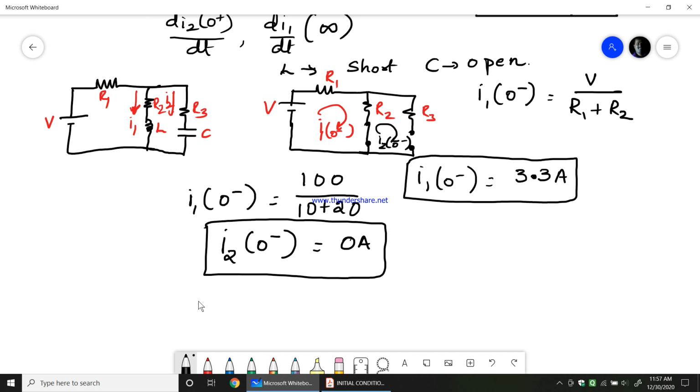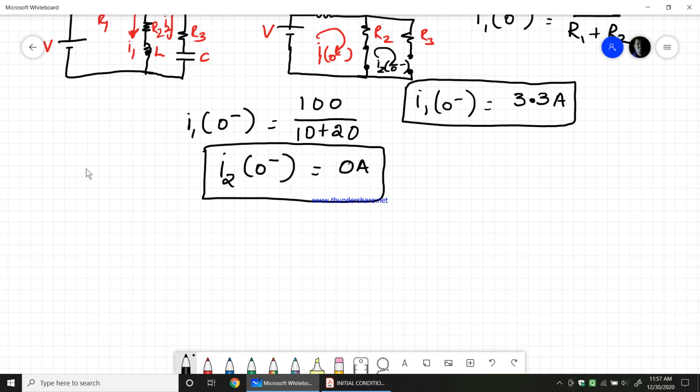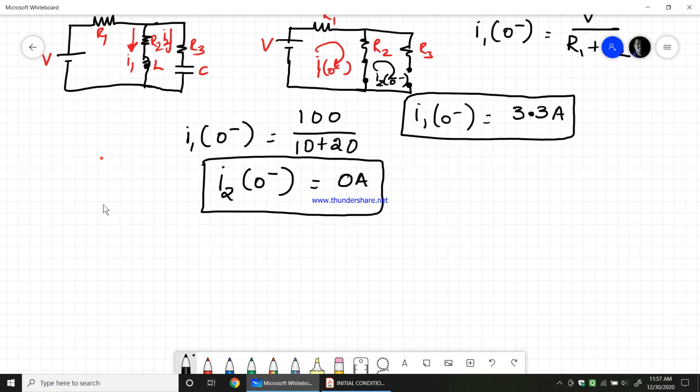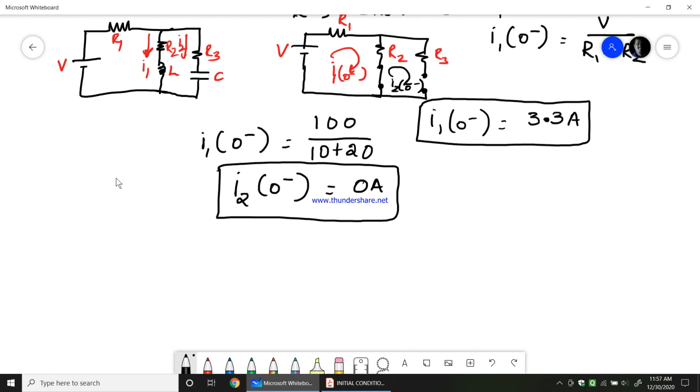Okay, so now we found I1 of 0 minus, we found I2 of 0 minus. Now we need to see what is VC of 0 minus, the voltage across the capacitor, because in the question they have asked to find out the voltage across the capacitor.